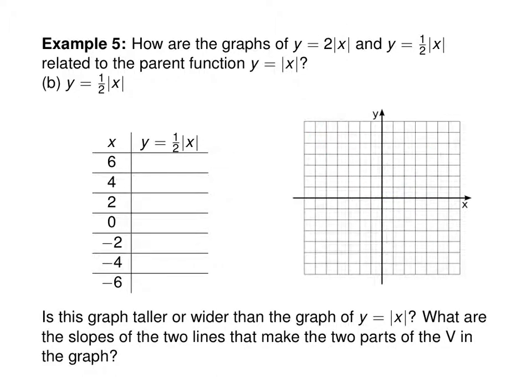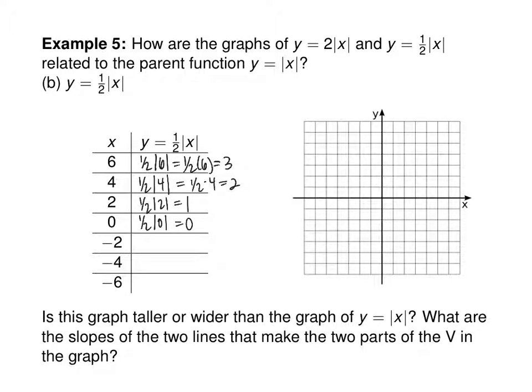All right, here I picked some nice points to plug in so we would get whole numbers. If I input 6, half absolute value of 6 is half of 6, which is 3. Half absolute value 4, half of 4, which is 2. Half of 2, well, that's 1. Inputting 0, I just get 0.